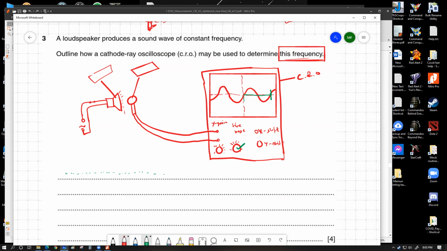Then we calculate the time period. I'm going to write time period, comma, capital T. I'm using this comma because I want to write less afterwards. Time period capital T equals time base multiplied by length of one cycle.